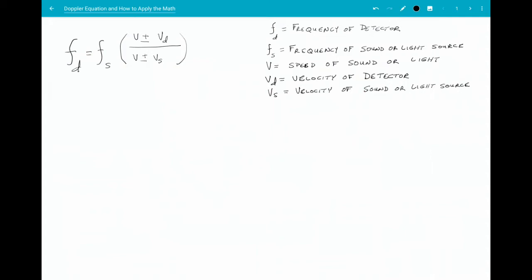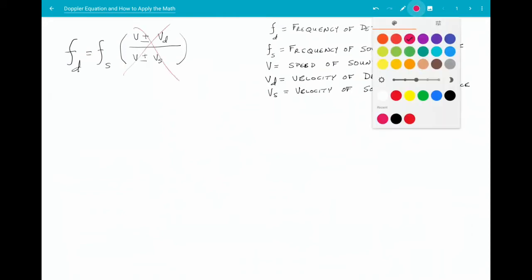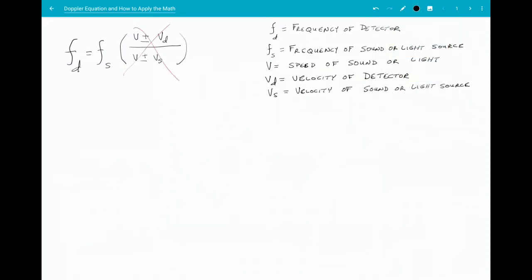My students get confused with that plus or minus, and they get confused about direction. So I do this a little differently and avoid this setup. Here's what I do. I write f sub d, d before s, even in the alphabet. So, frequency of the detector and the source, that's how I remember the equation.